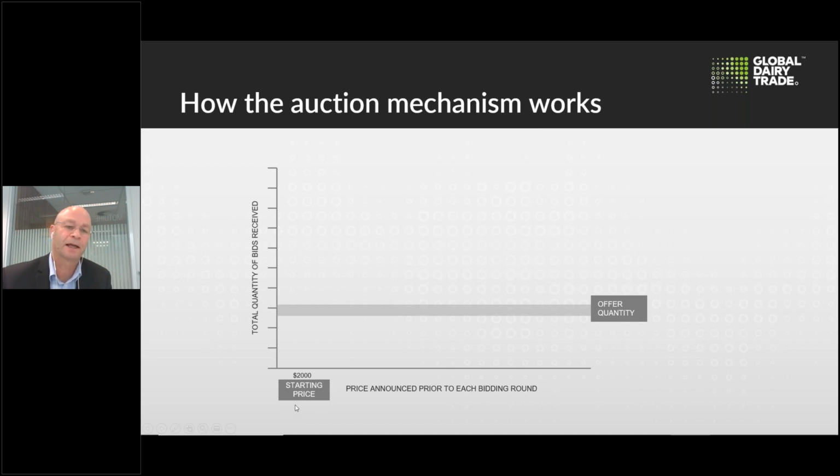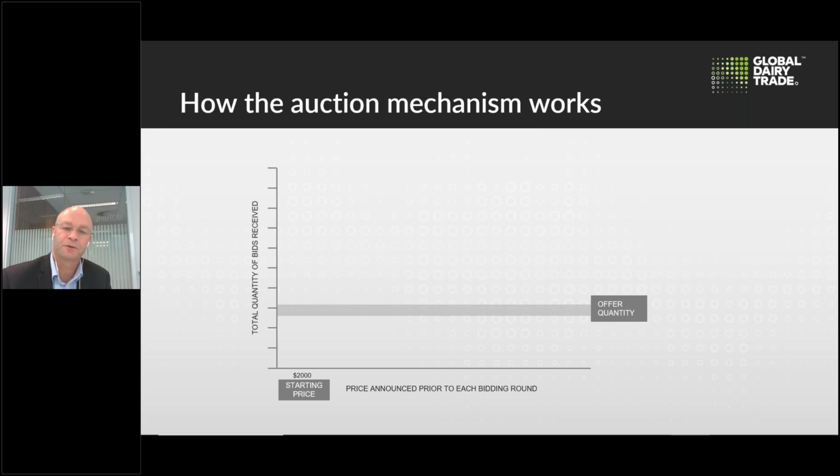These are set by the seller, not by GDT, and every seller has to set their supply quantities and starting prices independently of all other sellers. No one gets to see what other people are doing, so it has to be an independent, competitive process. So sellers set these things about a week ahead of time.